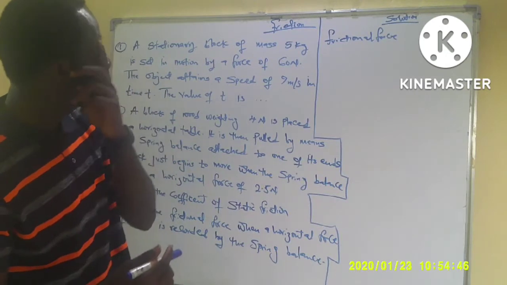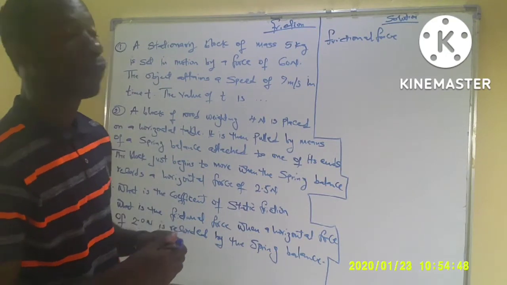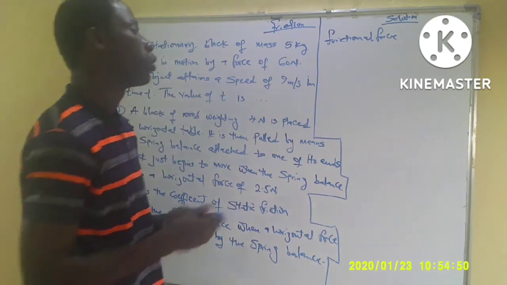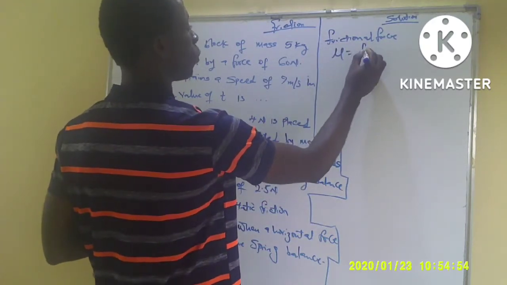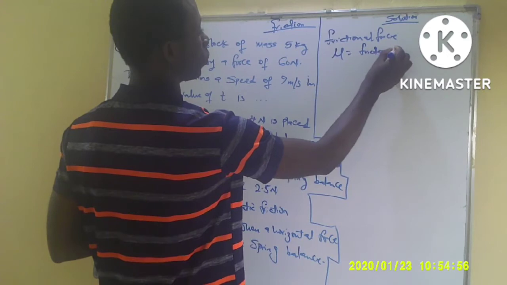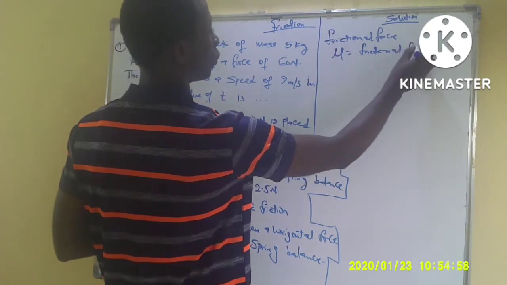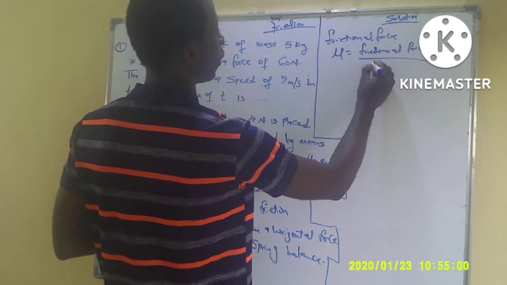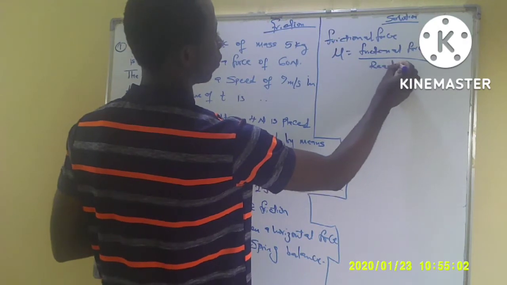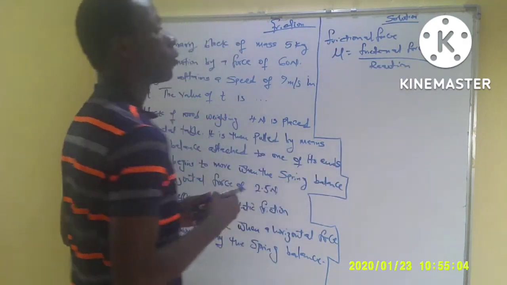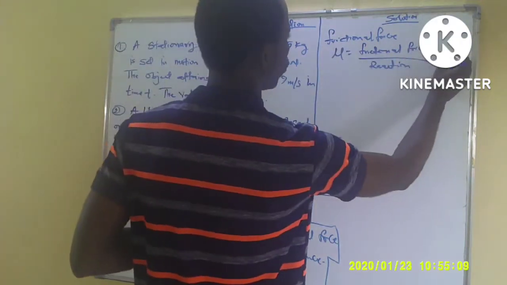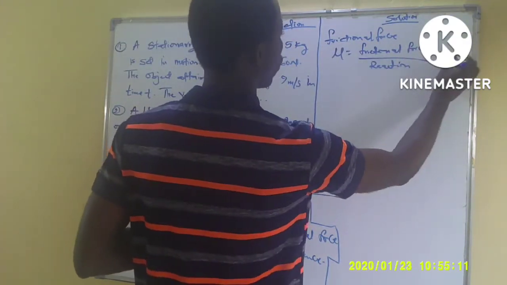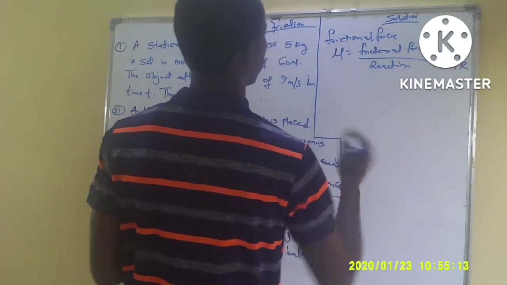Now, without wasting much of our time, there is a formula for the coefficient of friction. The formula is the frictional force over the normal reaction. We can write it as mu. This mu is equal to F over R. So that's the formula.